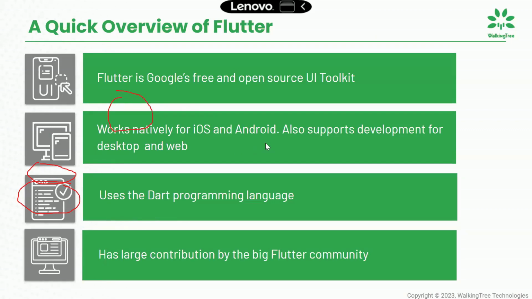Therefore, an application written in Flutter can be compiled to any platform. Because of it, the same application, the same code base, can be used on iOS and Android devices, and it can also be used for web and desktop.